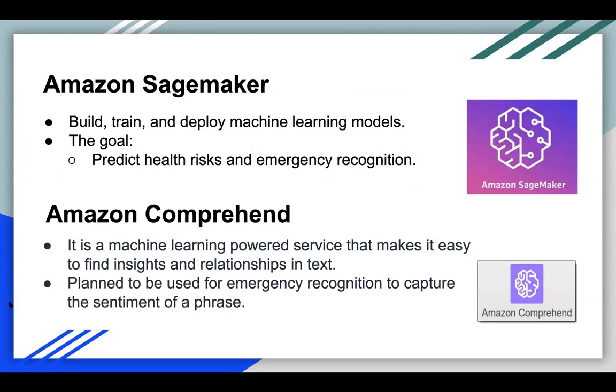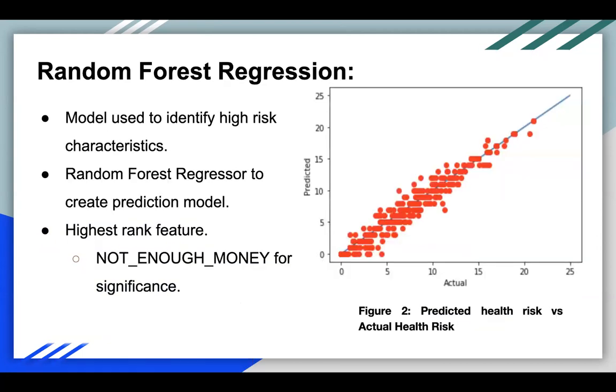So here, SageMaker is what we use to do all of our machine learning, all of our models, everything that we will go over in the next slide, which is our random forest regression model. And Amazon Comprehend is something we used a bit of, but we plan to use more of. It is what Alexa uses to communicate and talk, so it's how it determines to use one word over the other and to get the sentiment of words.